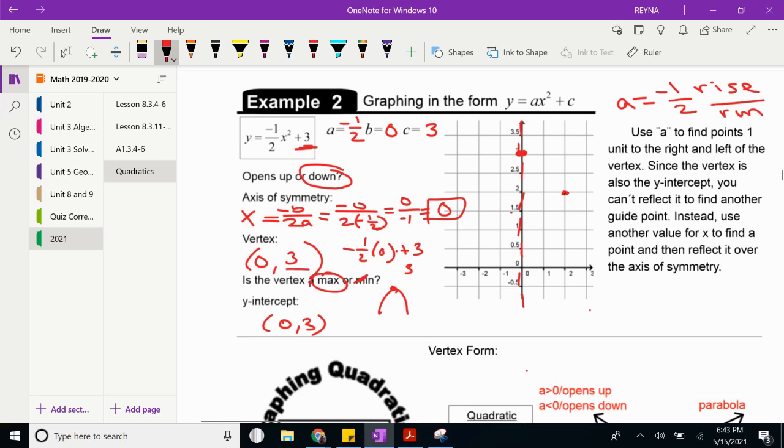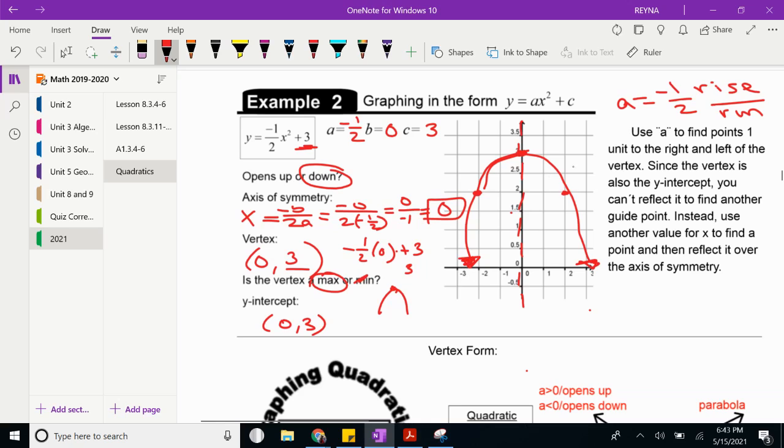And again, we can mirror it. So this is 2 boxes away. So on the other side, we can do 2 boxes away. And then we can kind of just sketch it and say it's going to go down and it's going to go down. All right, that's a pretty good sketch.